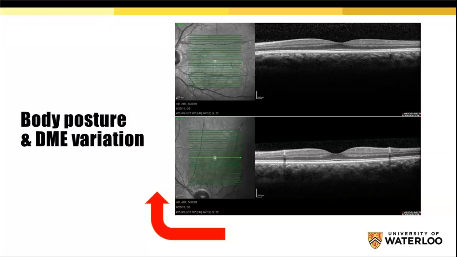Subsequently, we had to transpose those images with the patient on the side so that they correlated with the retinal positions of the patient sat up. So we transposed the image through 90 degrees so that we compared equivalent sectors between lying down and sat up. Next slide, please.